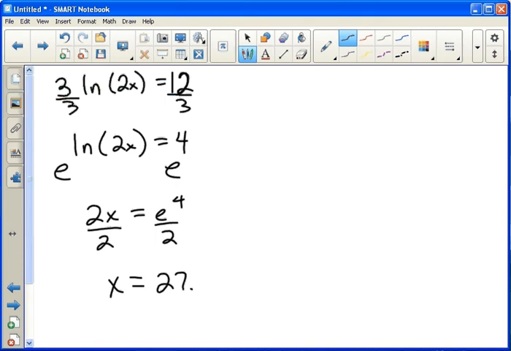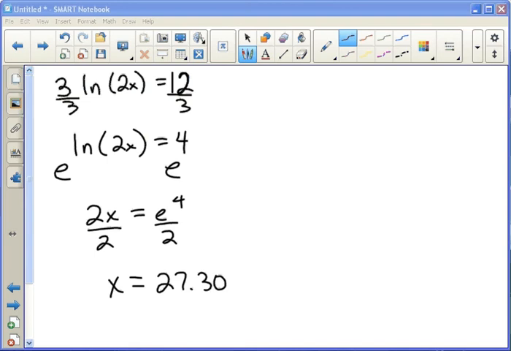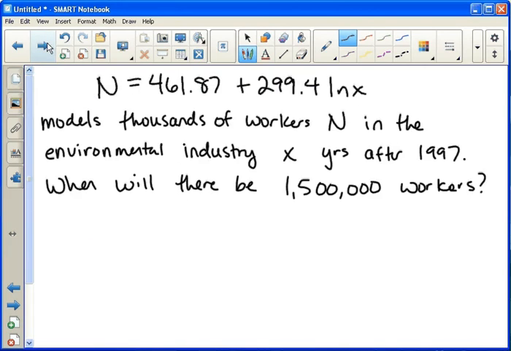Okay, so that's one with a natural log. Now I already have one written I want to look at with you next. It also has a natural log in it. It says n equals 461.87 plus 299.4 natural log of x. And this models the thousands of workers in the environmental industry x years after 1997.